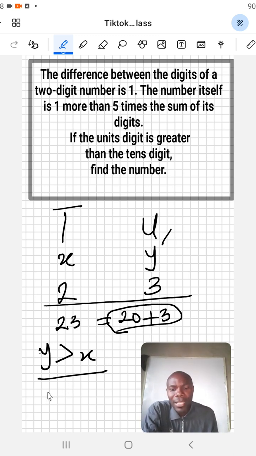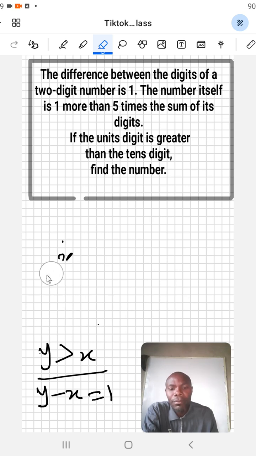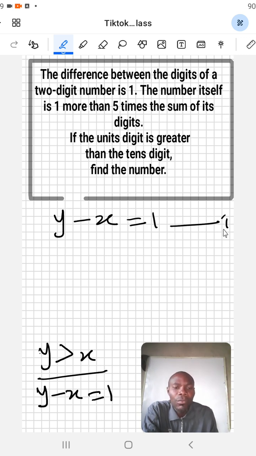So it's giving you a plus 1, telling you that y minus x is equal to 1. So equation 1 from this question tells us that y minus x is equal to 1.